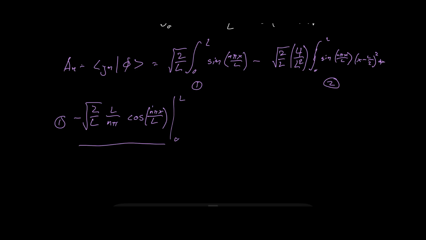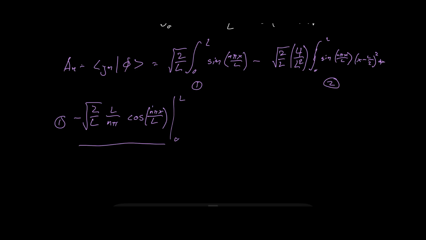Okay? And the whole expression is negative when n is even, okay? So just keep that in mind, but we're going to move on. Now if x is 0, cosine of 0 is 1. So we just have a minus 1.